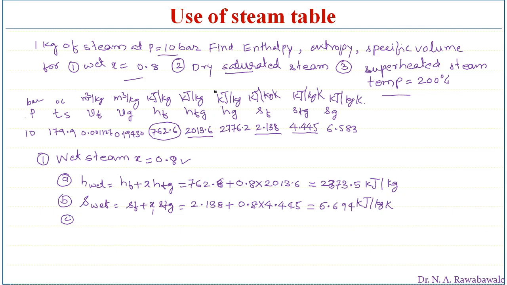The third thing we want to find out is the specific volume of steam. If steam is wet, the specific volume of wet steam is X times Vg. X value we know, that is 0.8, times Vg value 0.19430.